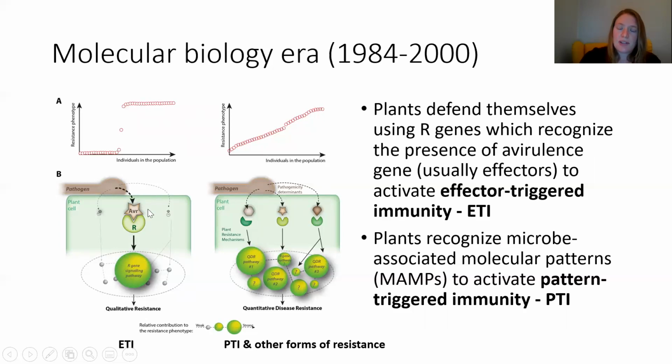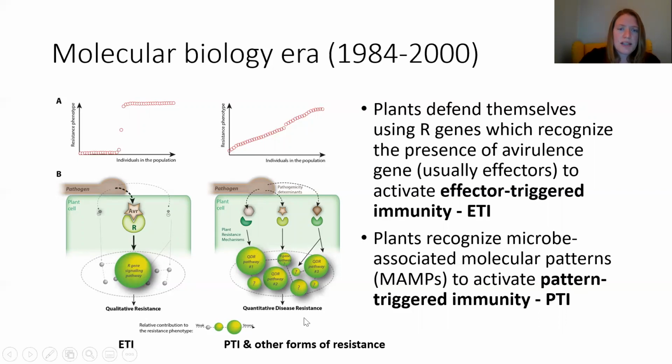And avirulence factors can be effectors, which are proteins just secreted by a pathogen into the plant cell. Effector proteins, by definition, may or may not be virulence factors or pathogenicity factors, but in general, they're thought to target the host responses or cell function or some aspect of plant disease or defense or immunity.